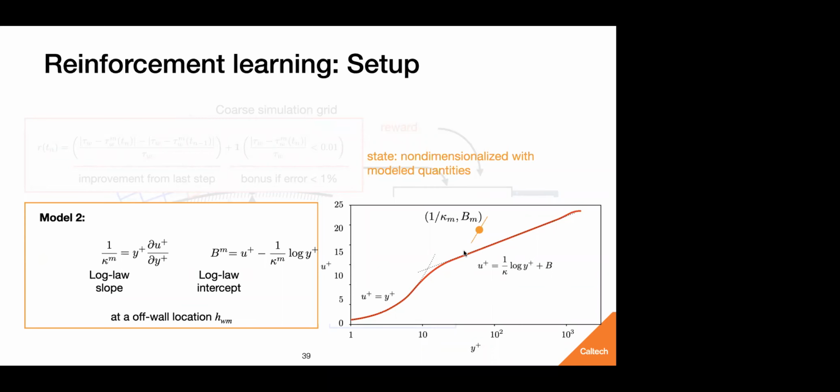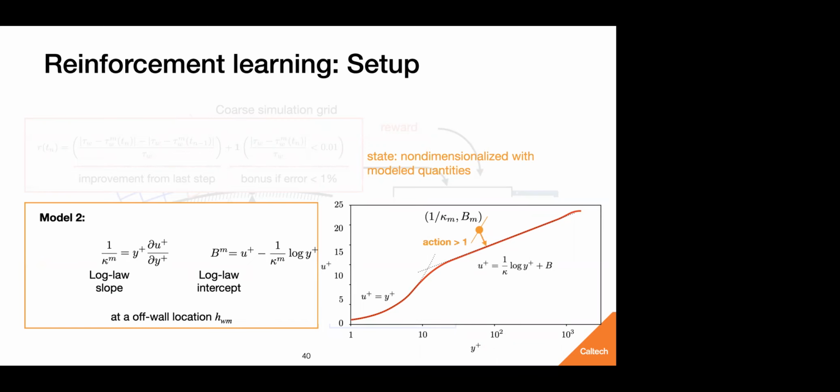Again, here, all of the information that's being fed in is instantaneous, based on instantaneous velocity gradients, wall normal locations, and so on. So there's no real information about this log law that is being fed in directly, at least, to this reinforcement learning process.